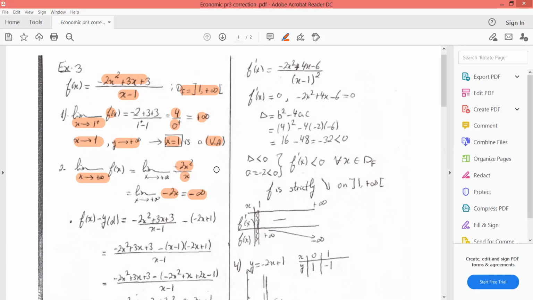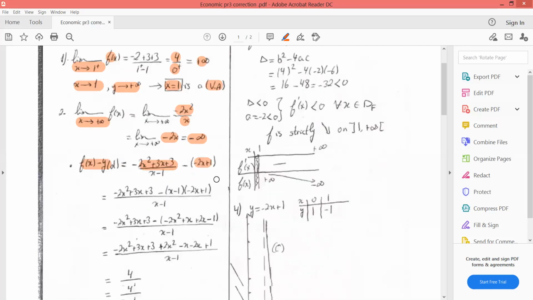Now also عم بقول show that and prove that the line y = -2x + 1 is an oblique asymptote. How to prove oblique asymptote? f(x) minus y_D. So I find f(x) minus y_D. هذا ال f(x) minus y_D.